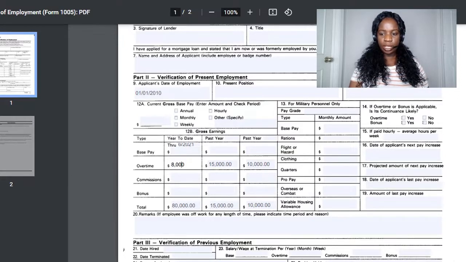So here we have 2019, 2020, 2021. For 2019, our borrower made $10,000 in overtime income. For 2020, our borrower made $15,000 in overtime income. And now this year to date is showing overtime income of $8,000, and that is just in the first 6 months.